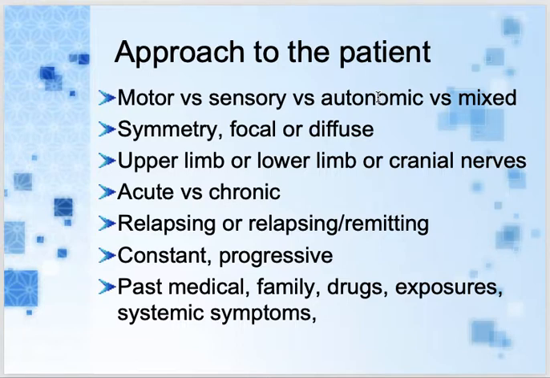Whenever peripheral neuropathy is there, most of the time the sensory symptoms start appearing before the motor symptoms, and motor symptoms appear late. That's one of the things we can appreciate while taking history in the patient.